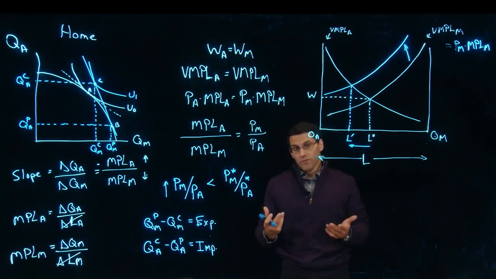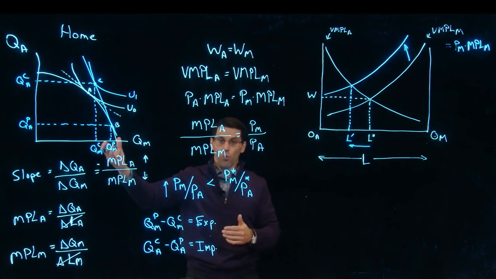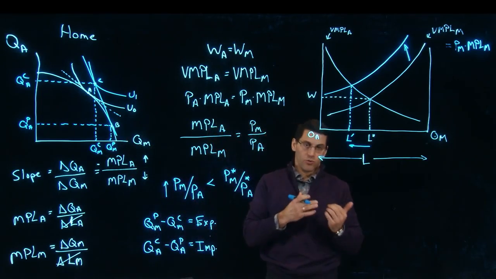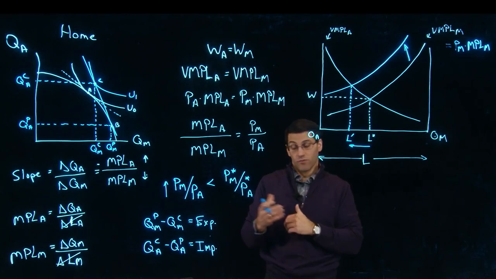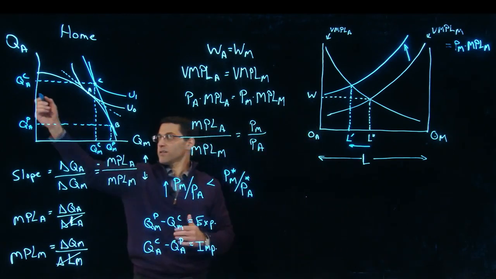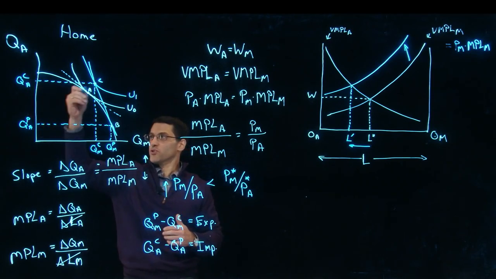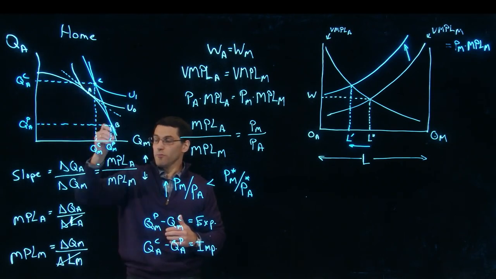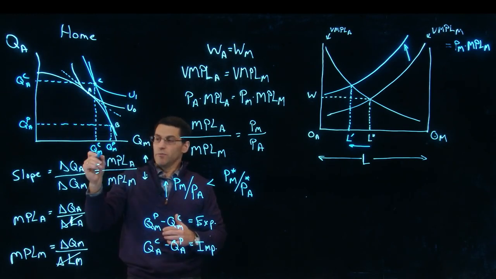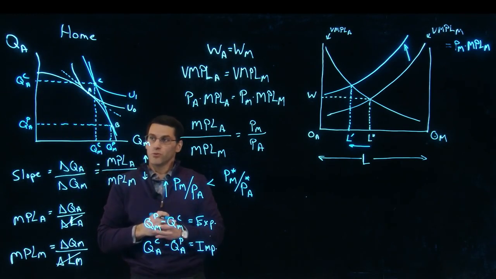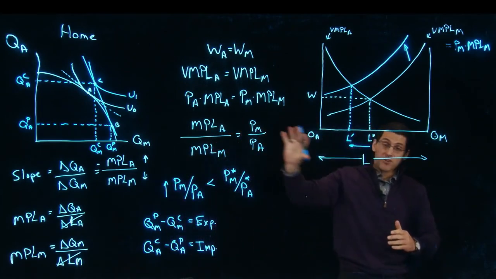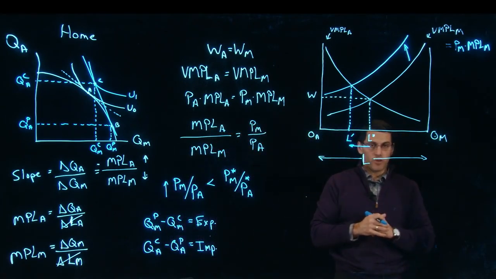Right? And of course, this matches what we see in the PPF. And if we're taking workers out of agriculture and putting them into manufacturing with fixed amounts of capital and land, that means that necessarily agricultural output is going to fall. Right? We went from A down to B, and manufacturing output is going to increase. So this matches everything that we've shown already with the PPF.